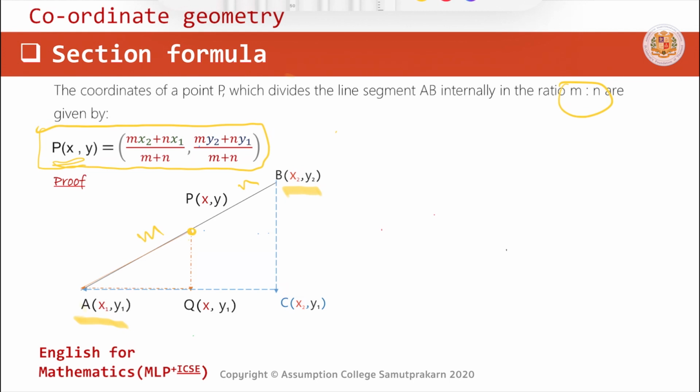If we're going to prove this formula, we might need to create something more than just the distance between these 2 points here, right? And then the point P is just located somewhere in between these two. And to prove that this point divides AB into a ratio of m to n, we might have to create the triangle here, the right triangle here, and another one.